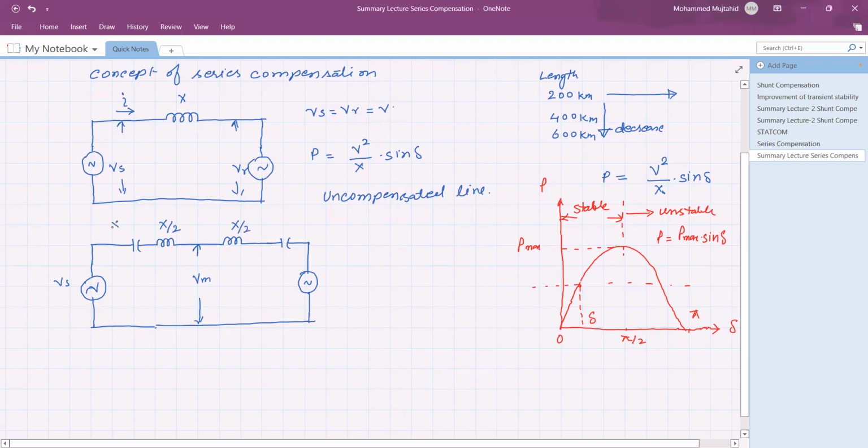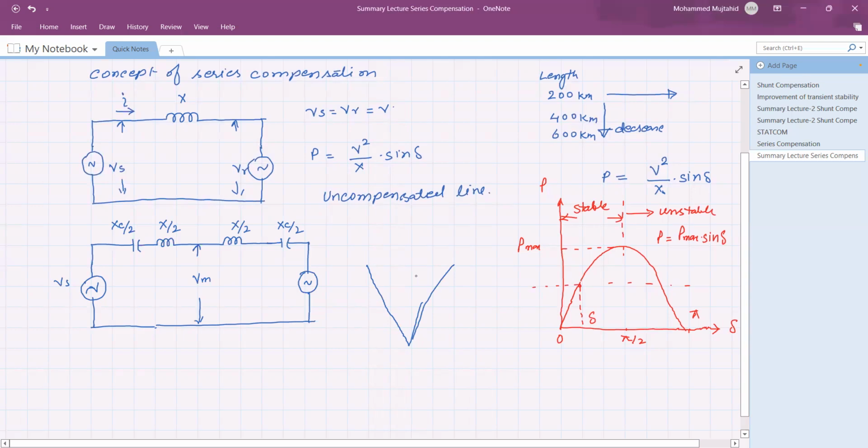The total capacitor is Xc, but half of the capacitor is here and half of the capacitor is in this direction. Under such a condition, this is the voltage Vs, then the voltage Vr.